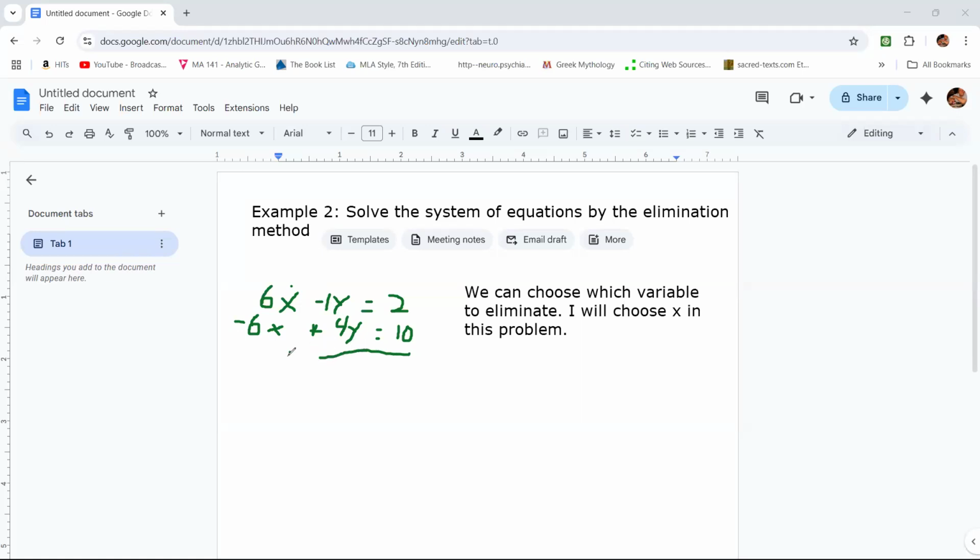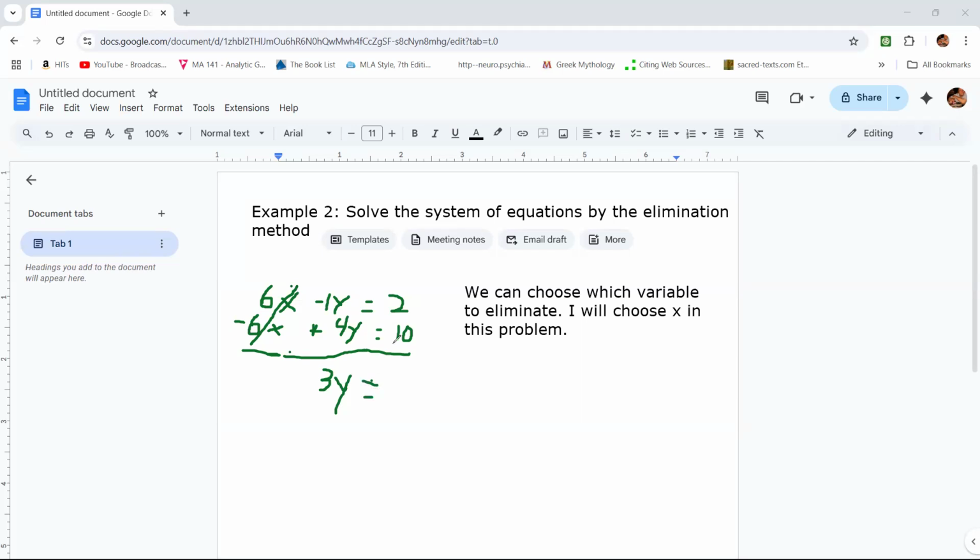So here we go. We're going to combine it. These 6x terms cancel out. Negative 1y plus 4y. Again, think about your rules. Negative 1, positive 4, we combine it. The positive are larger, so I have positive 3y. 3y equals, and then this other math is pretty easy.